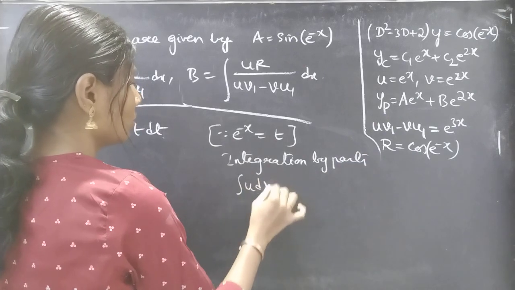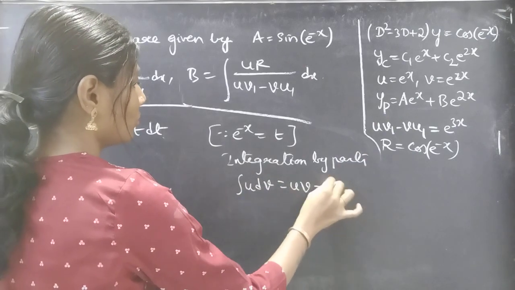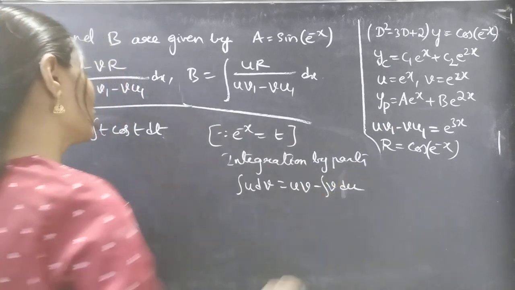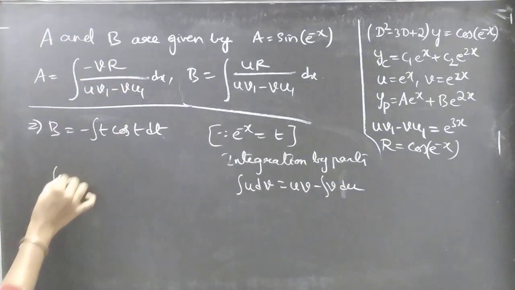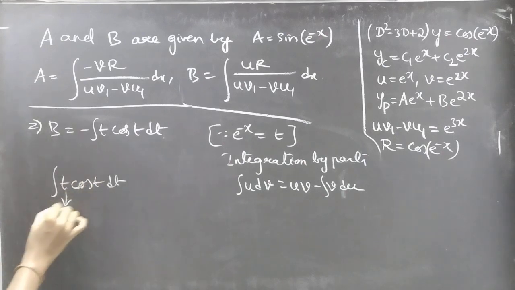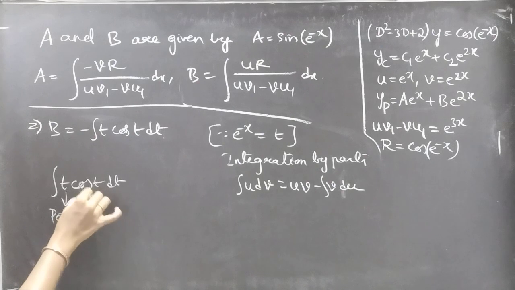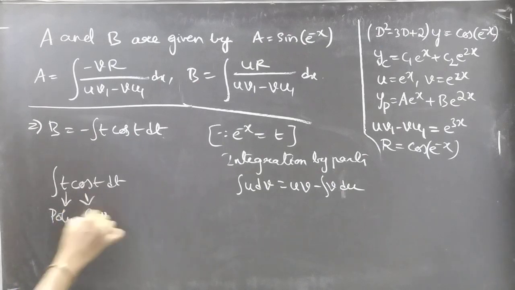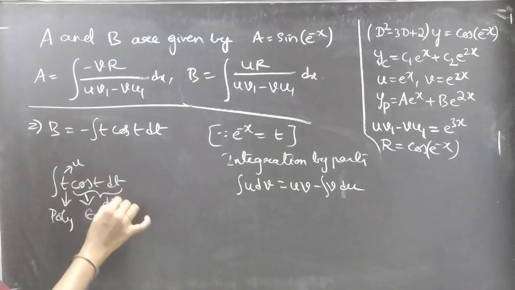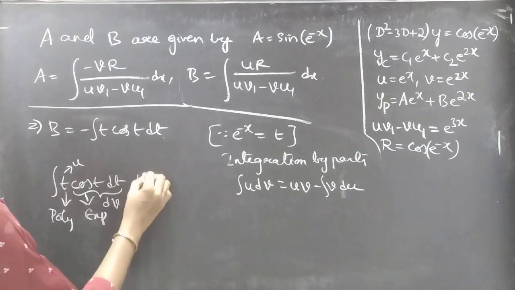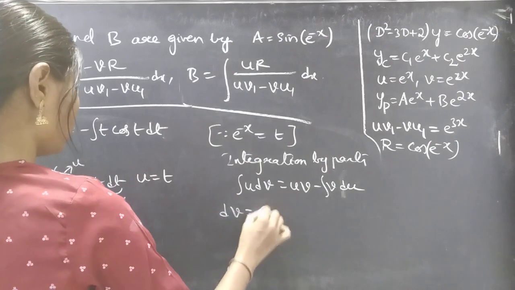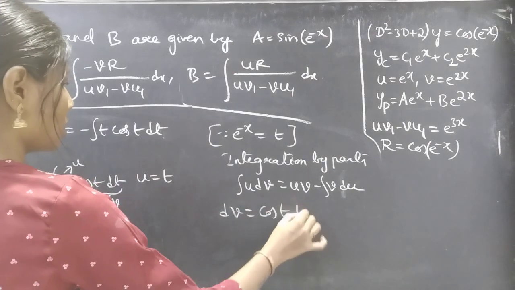Integral u dv equals uv minus integral v du. So we have an integrand which is the product of a polynomial function into another function. We'll take the polynomial function as u and the remaining part as dv. Then we'll have u equal to t and dv equal to cos t dt.